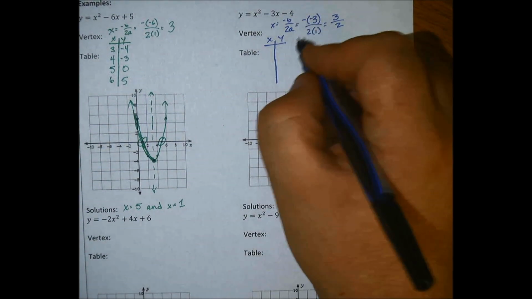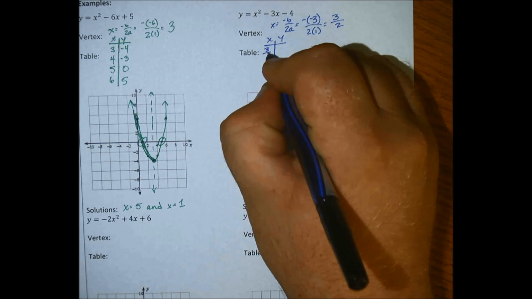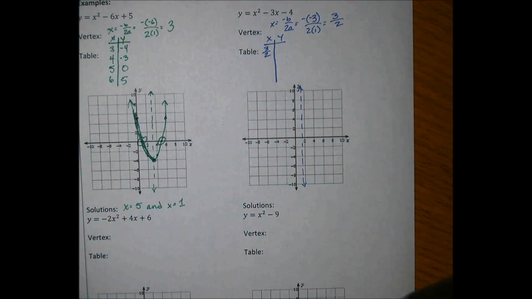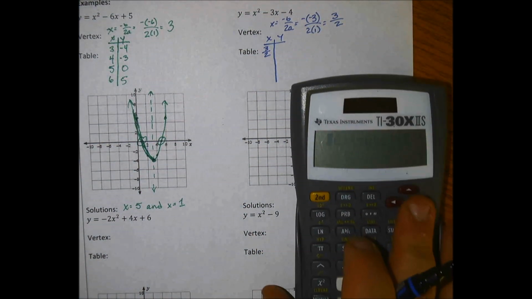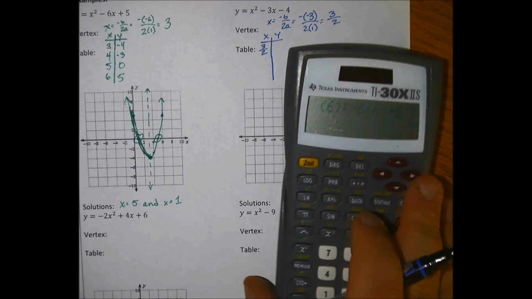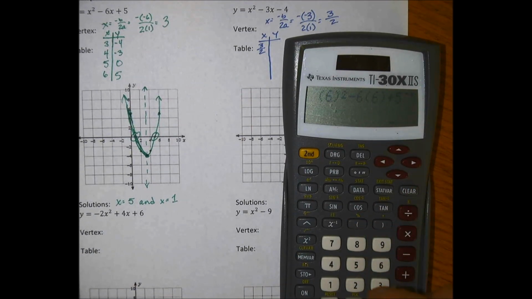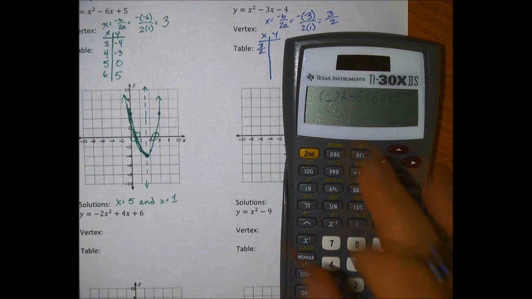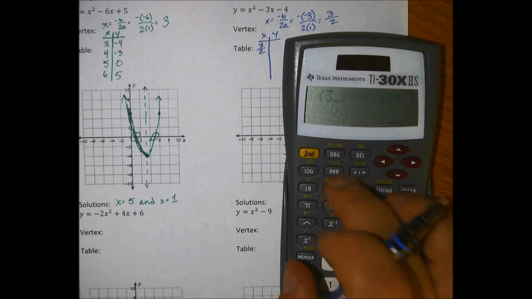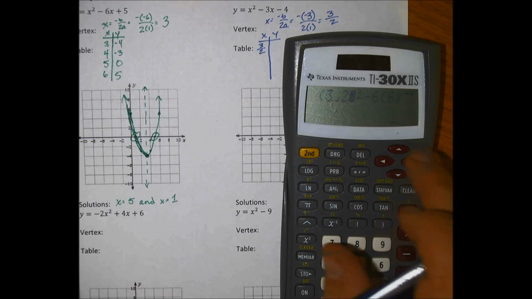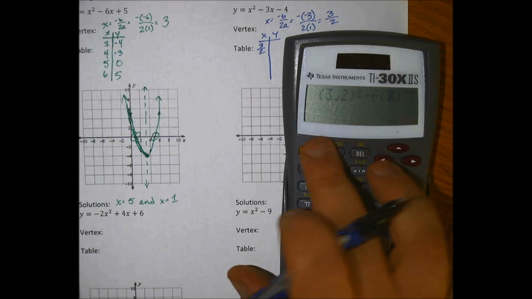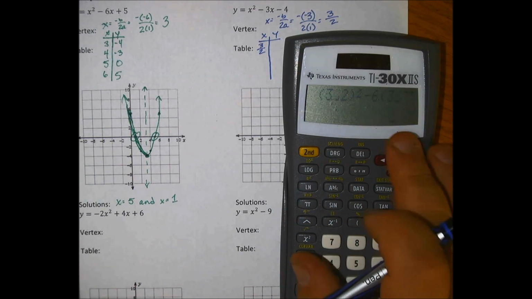So let's see here. Let's start with the vertex. 3 over 2. And we'll plug that in. I'm going to put it in as a fraction. So I have to insert that, and that's kind of a pain, but it may be quicker just to redo that problem.